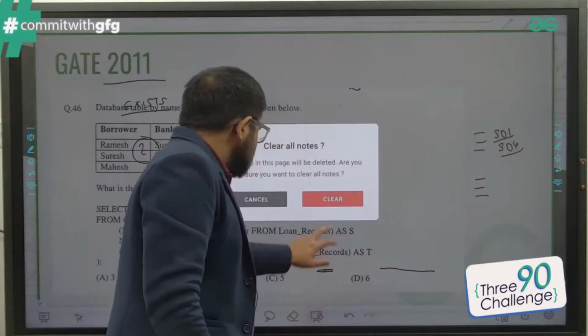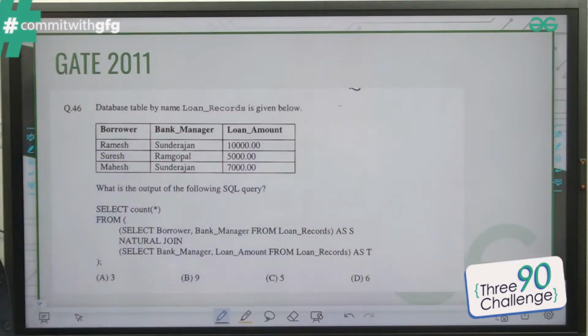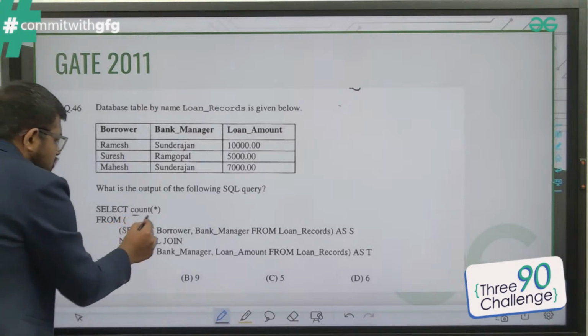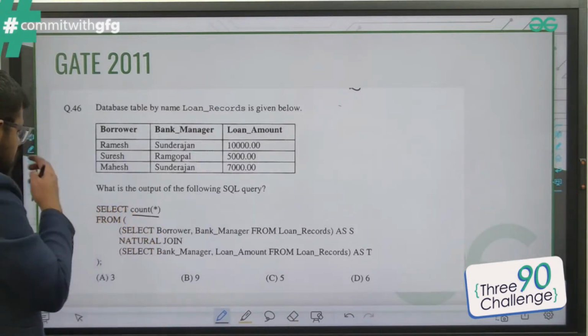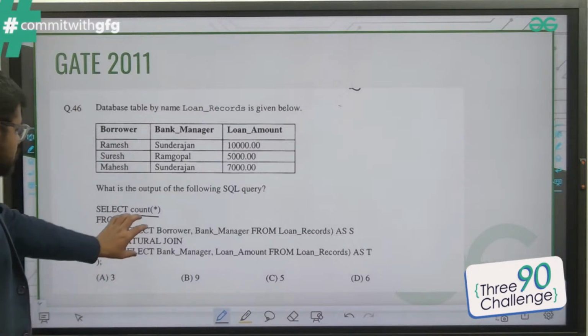Okay, I think this should be the last question for SQL and relational algebra. A database table named loan records is given. What is the output of the following SQL query? Okay, we need to tell what is the output for the following SQL query. Select count. Count means total number of tuples from this relation, now this is the inner relation.